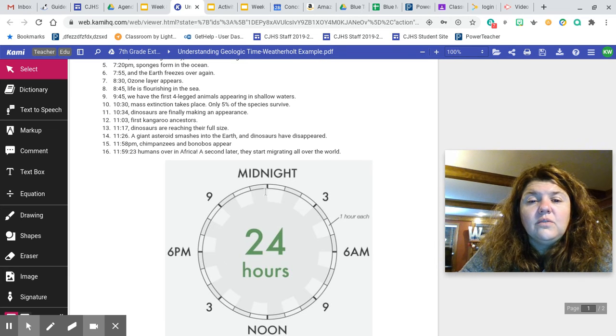You can imagine that during the 24 hours of the day, the hands of the clock only went around one time instead of twice, talking about the hour hands. If this is noon, then this would be 3 p.m. in the afternoon, and then 6 p.m., and then 9 p.m., and then back to midnight. You'll just read through these and label those different times here on the clock.